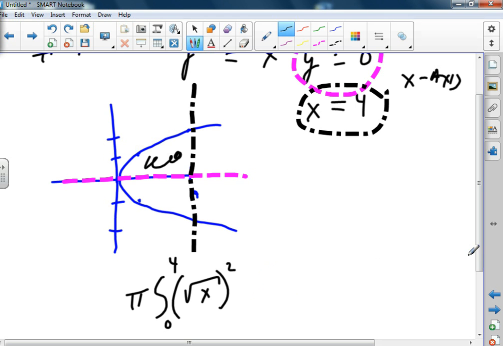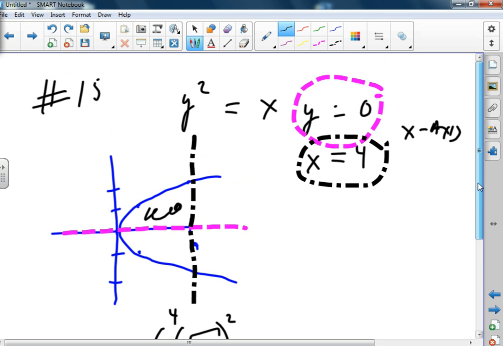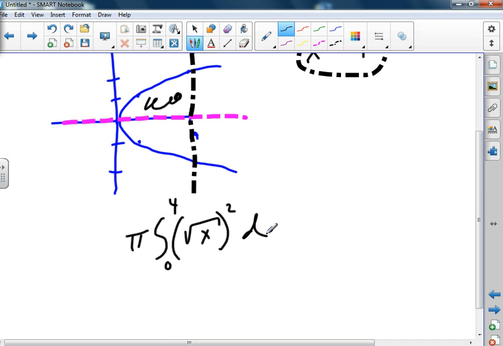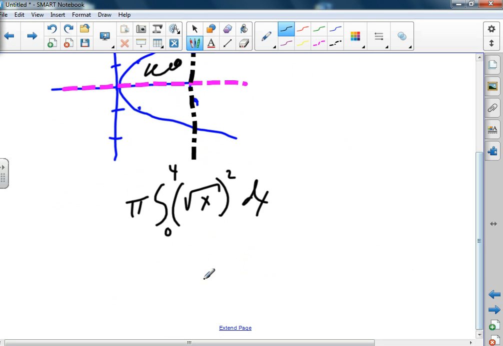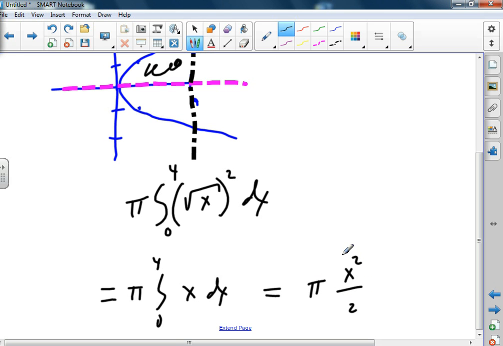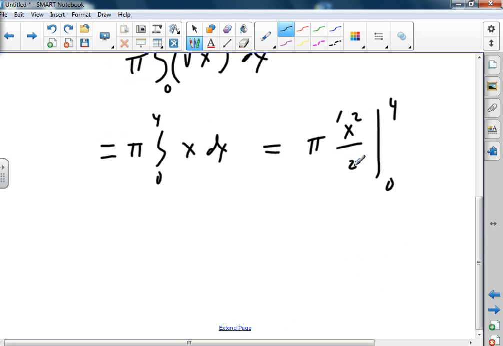Oh, well, that was pretty simple. Integral 0 to 4 of x dx, pi times x squared over 2 evaluated at 0 and 4. At 0 there's nothing. 2 squared is 16, divided by 2 is 8. The answer should be 8 pi.